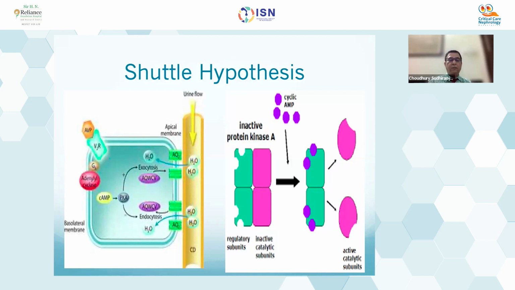So the driving force basically is the medullary tonicity. And we know that for maintaining the medullary tonicity, we require the counter current multiplier system.